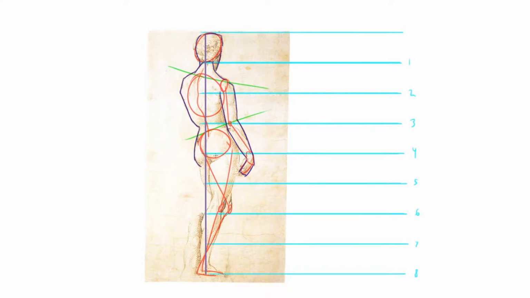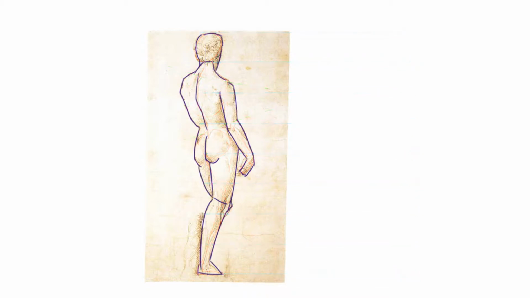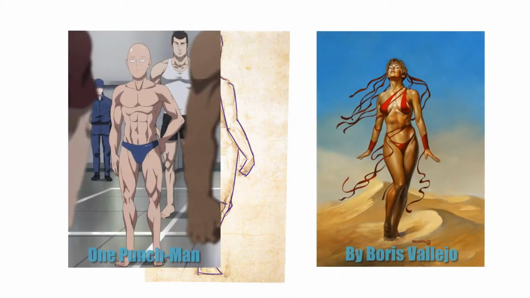But you don't need to worry about positioning each of the different muscles of the body just yet. Think about the general shape. Details will come later. Like this. With this thing right here, we already have all the necessary ingredients for a successful human figure drawing. Now it is up to you to decide the level of detail you want to achieve.